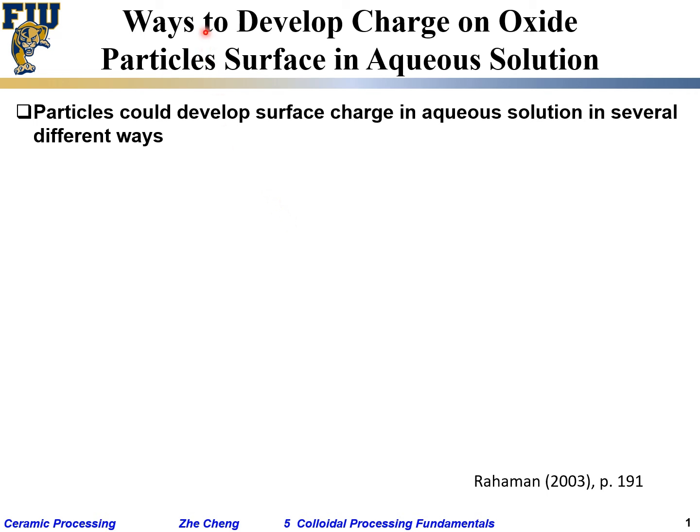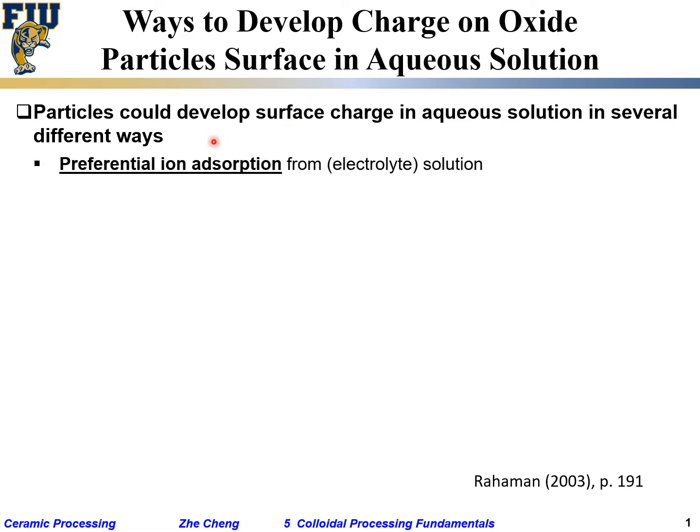And why do all particles develop charge on their surface in aqueous solution? There are different ways. One is so-called preferential ion adsorption from electrolyte solution.